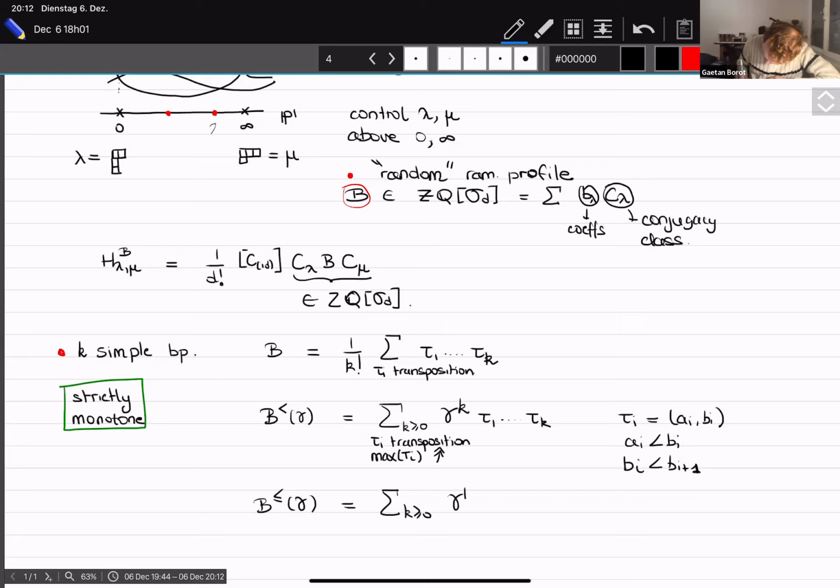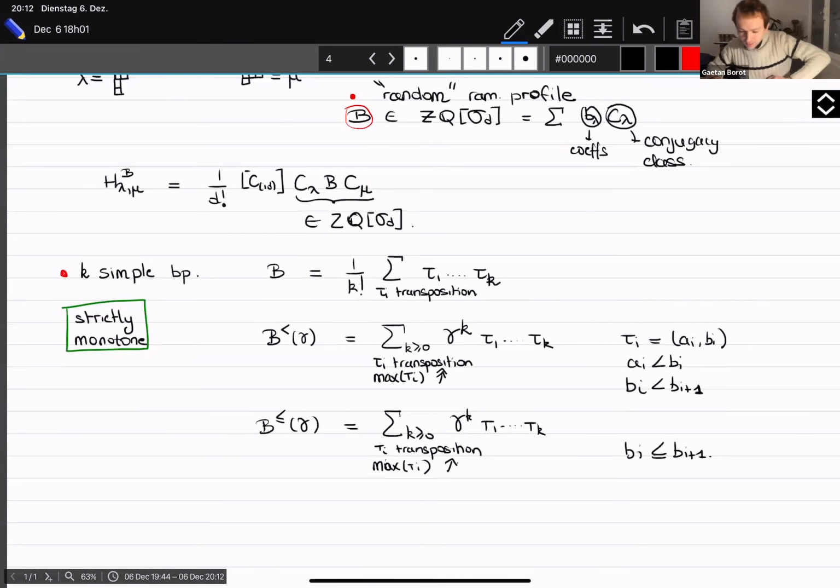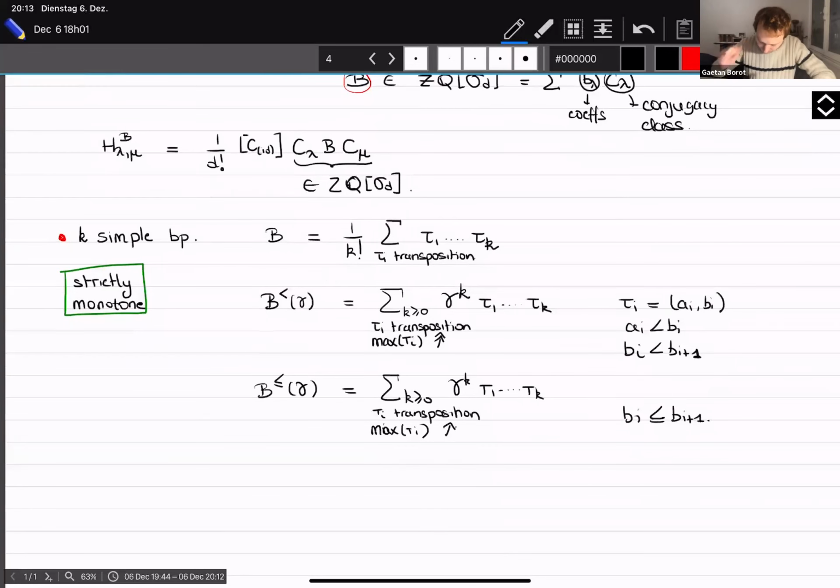And here I want the same with a weakly increasing sequence of transpositions. So there are three particular examples. There are many others which are interesting, but this one will play an important role in my talk.